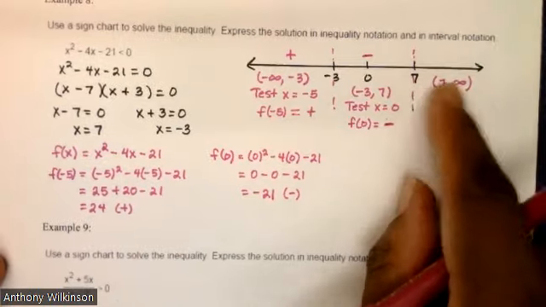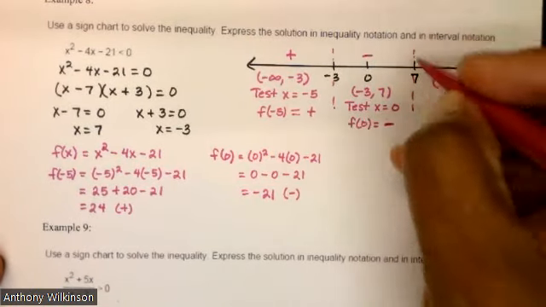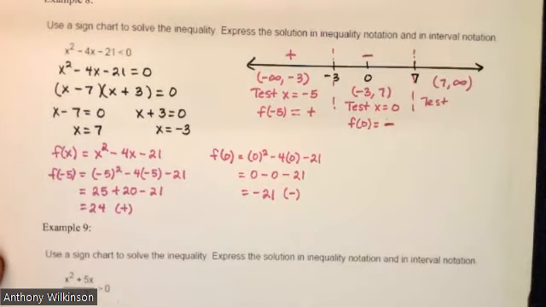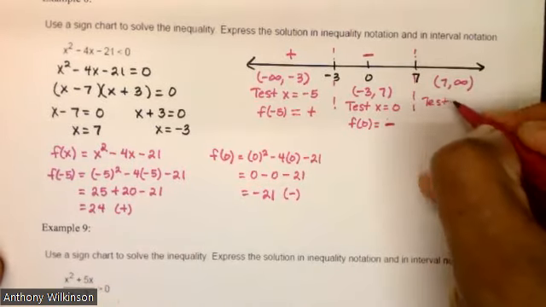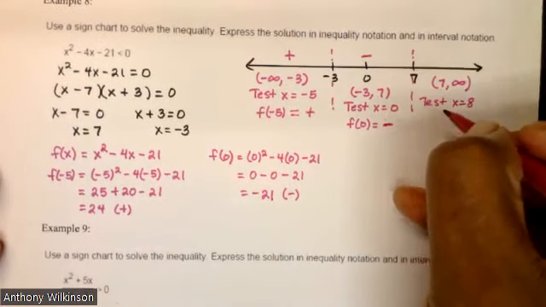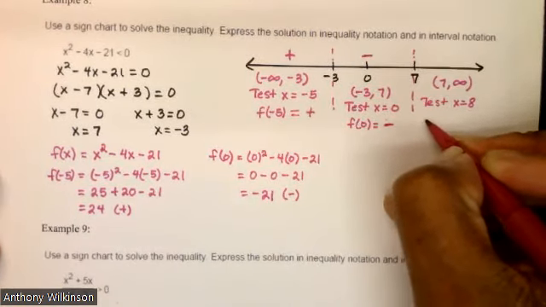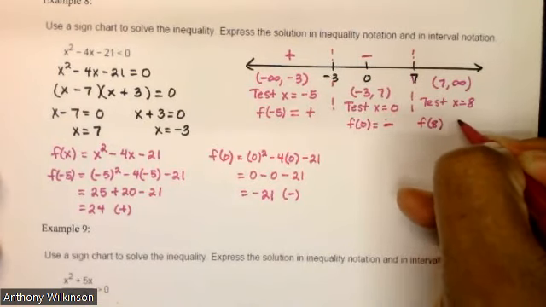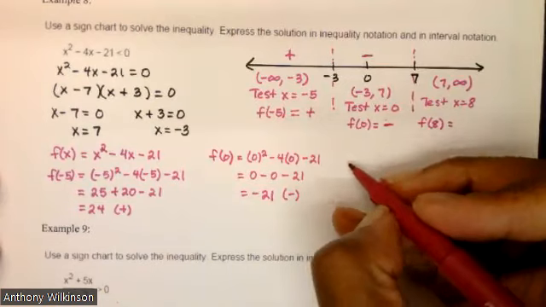And then for 7 to infinity, this last interval, my test point for that would be x is equal to 8. So in this case here, I'm going to find out if it's positive at x is equal to 8 for this function.